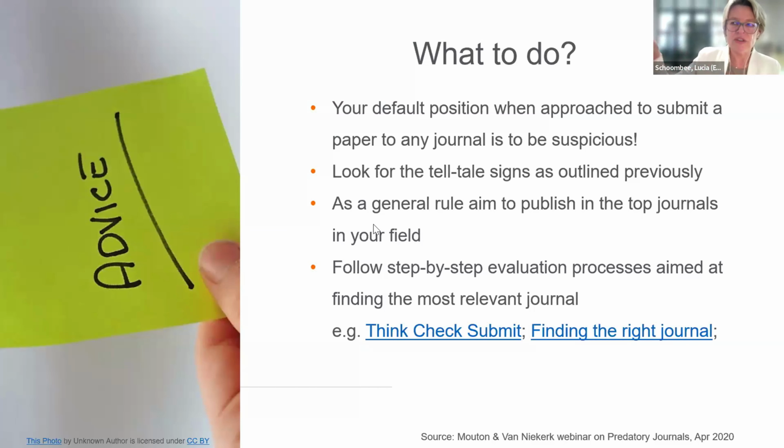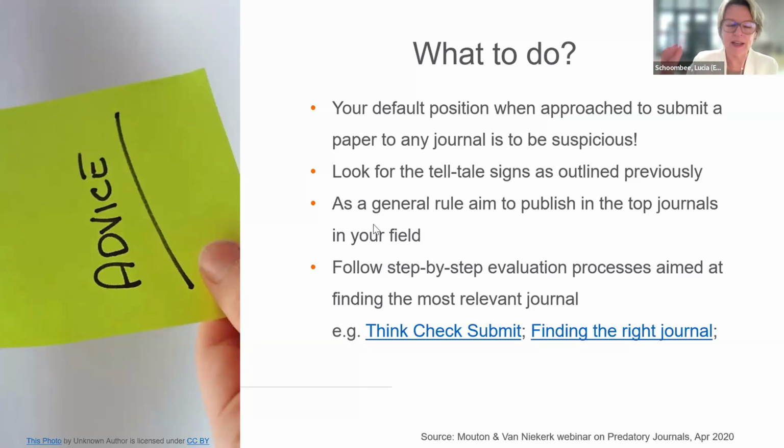This is not starting with the journal and checking its characteristics, but starting with: what is my topic, and trying to identify the most relevant journal that would be a good match for my article.